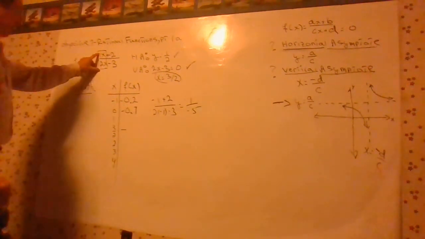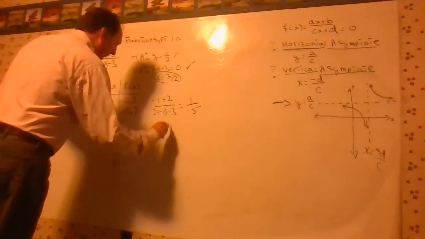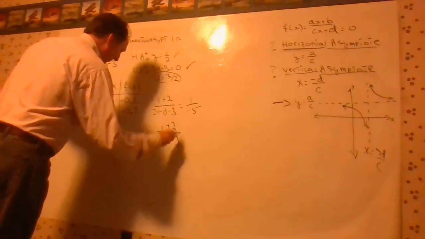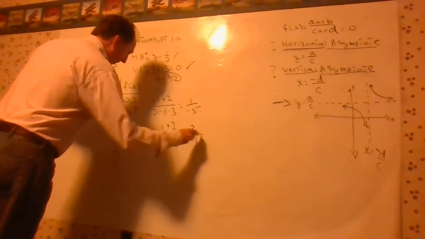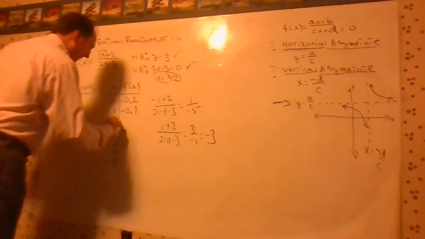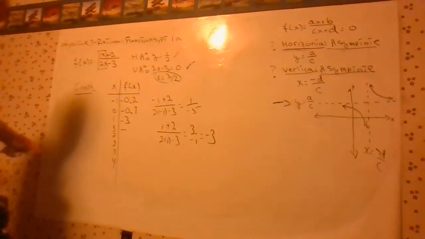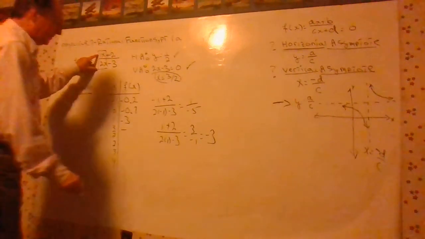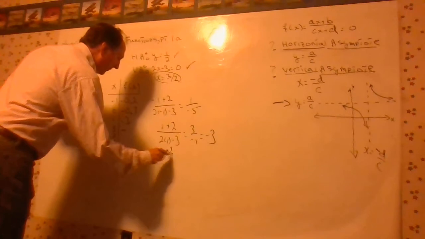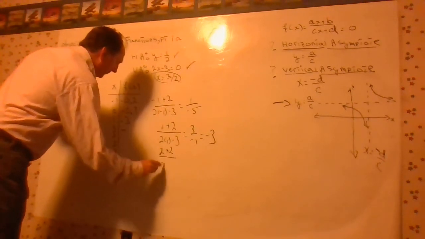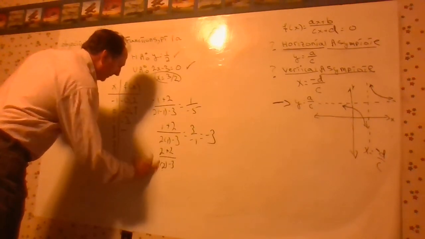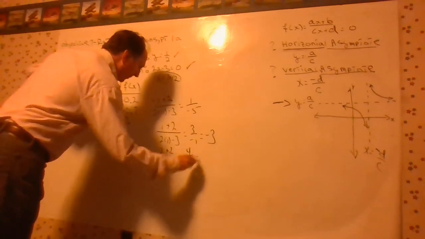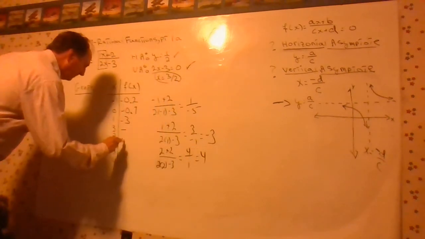If you plug 1 in, we get 1 plus 2 over 2 times 1 minus 3, 3 over negative 1, which is negative 3. Okay, that should be enough to place our graph. Now if we substitute 2, we get 2 plus 2 over 2 times 2 minus 3, and we get 4 over 1, or 4.